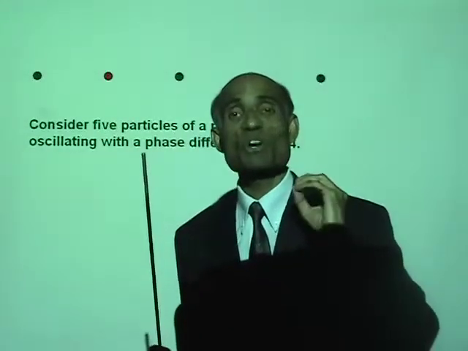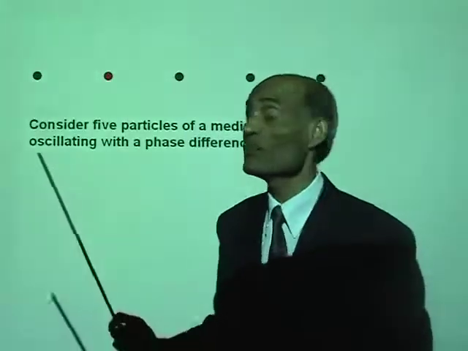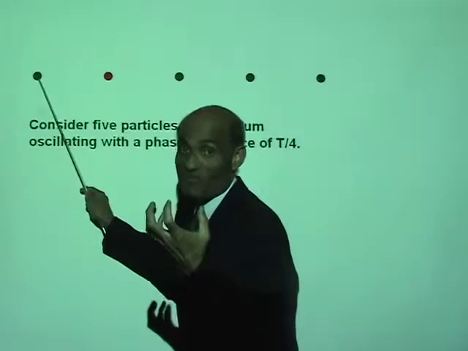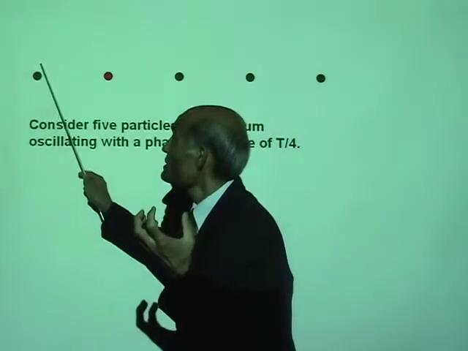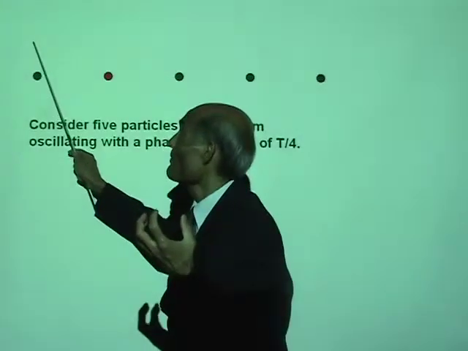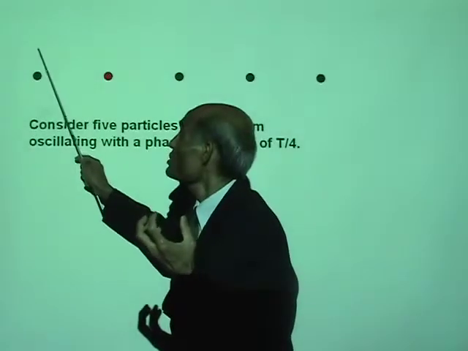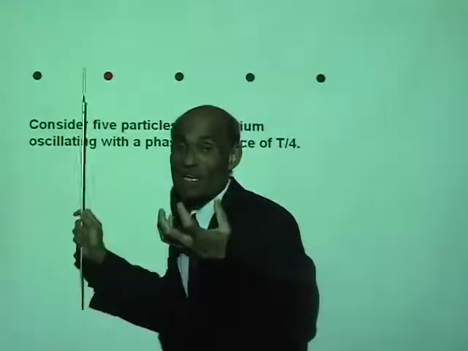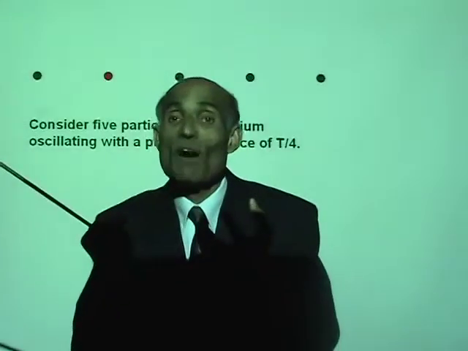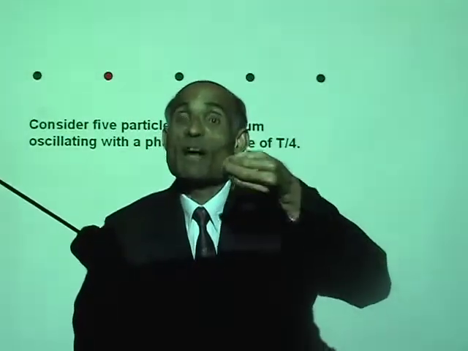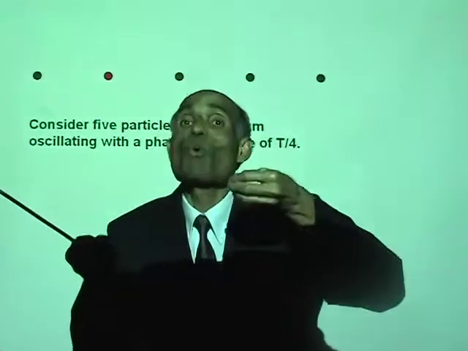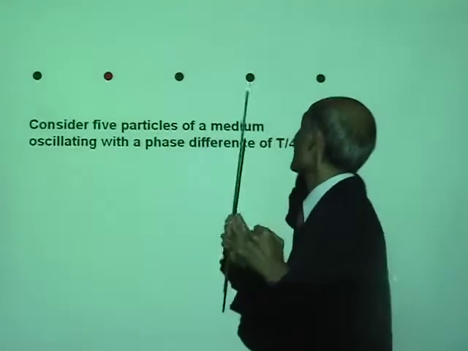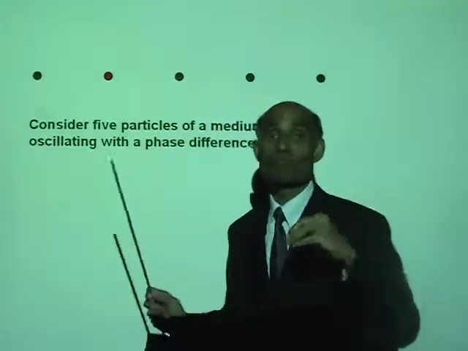It means when the first particle starts vibration and completes a quarter of a vibration, the energy will just reach the second particle. So the second particle will begin only after the first one has completed a quarter of a vibration. That is the meaning.